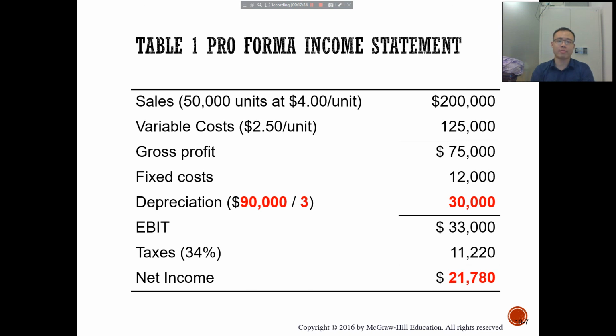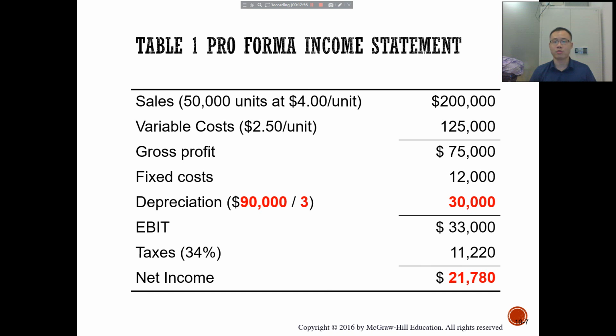This is table 1. This is a projected or pro forma income statement, and it's a very standard one. In the income statement, the first line is always the sales or the revenue. Okay. You sell 50,000 units at $4 per unit.